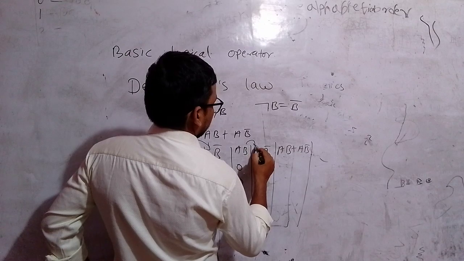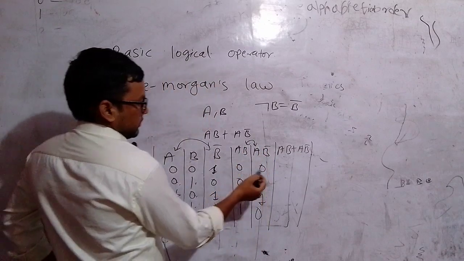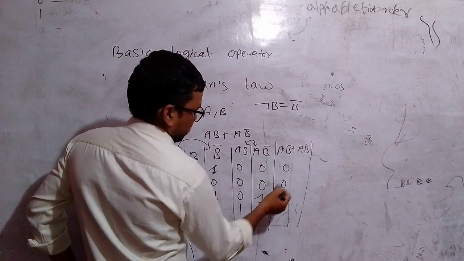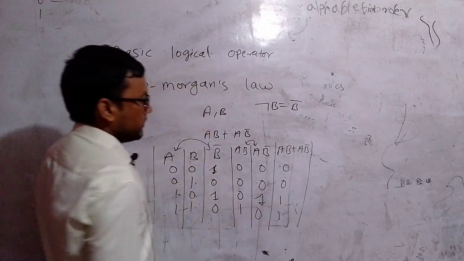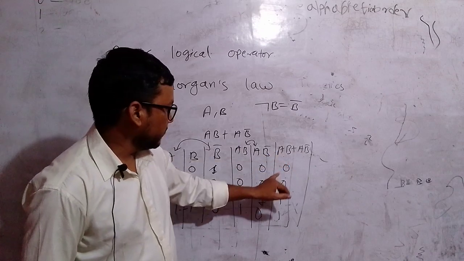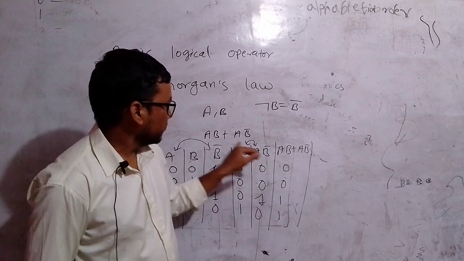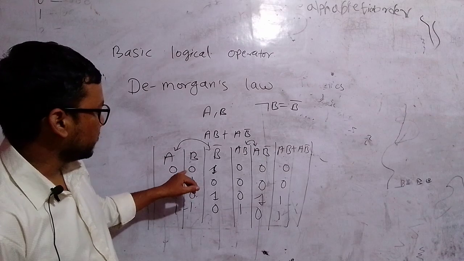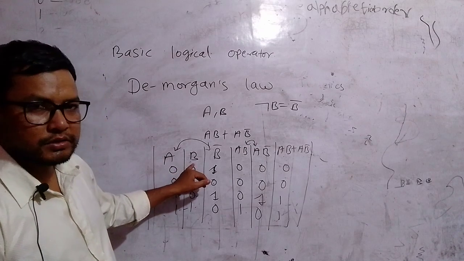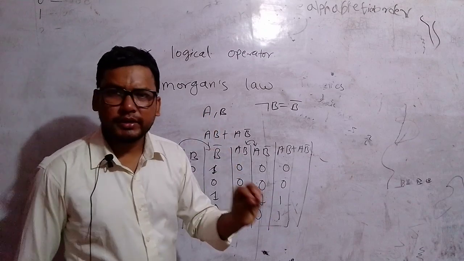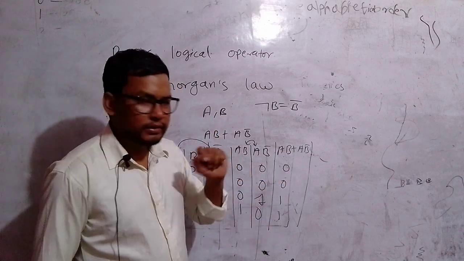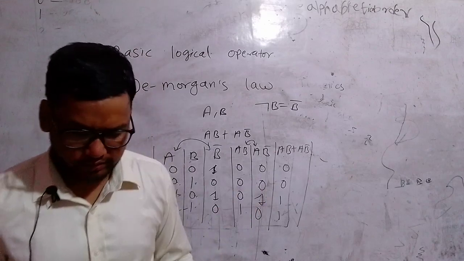The OR operation between these two: 0 or 0 produces 0, 0 or 0 produces 0, 0 or 1 produces 1, 1 or 0 produces 1. In this way, we have evaluated the value of these terms for all possible combinations of A and B. In this way, we can use a truth table to calculate the value of expressions.